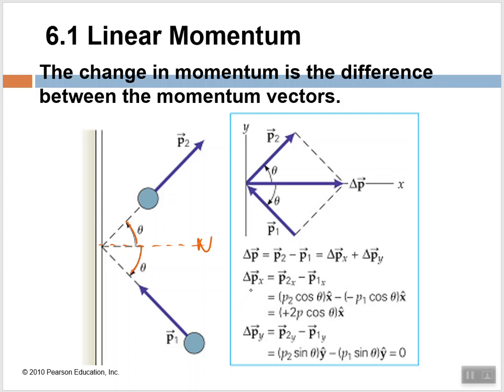And the change in x is the momentum of the second one in the x direction minus the momentum in the x direction of the first. And they start to go through the equations. What I want you to notice is that we know the x's are going to be the cosine of theta, and the y's are going to be the sine of theta. All we're going to do is subtract the x components and subtract the y components of the momentum. So that's what they're showing here, but don't make it any more complicated than it has to be.